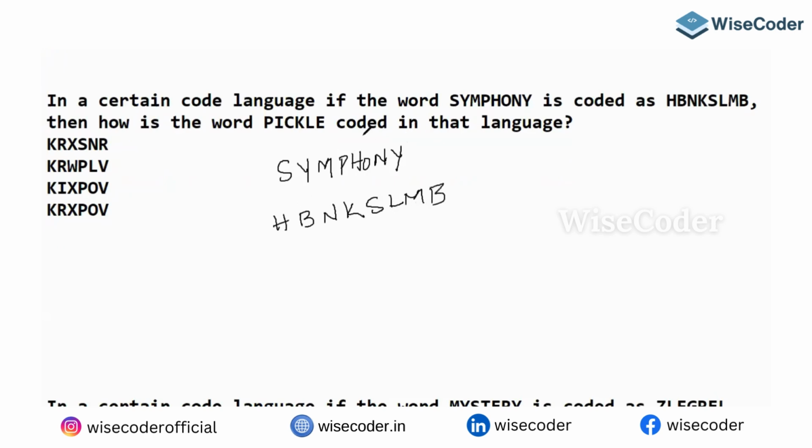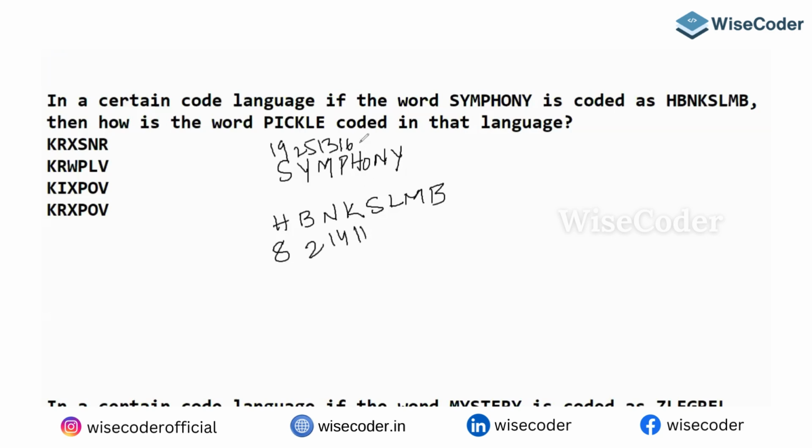Okay, look at here. Simple. What you're going to do is write down the place positions: 19, 8, 25, 2, 13, 14. I hope some of you got your logic.